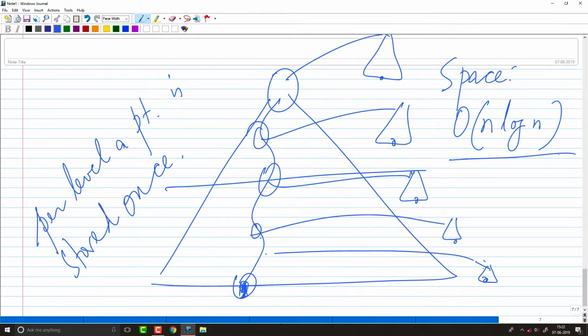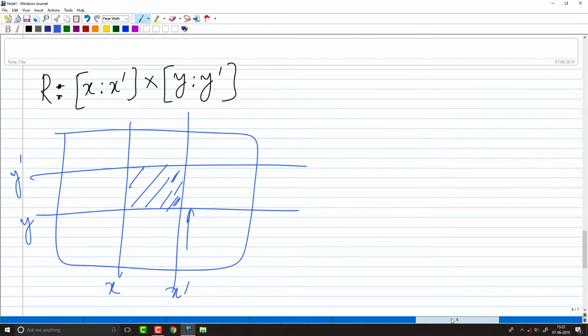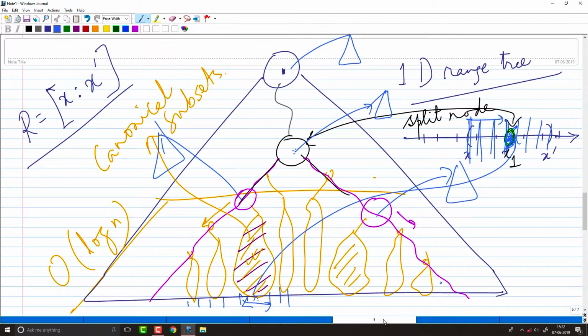Search. What about search? Till the split node I do nothing, I keep searching.